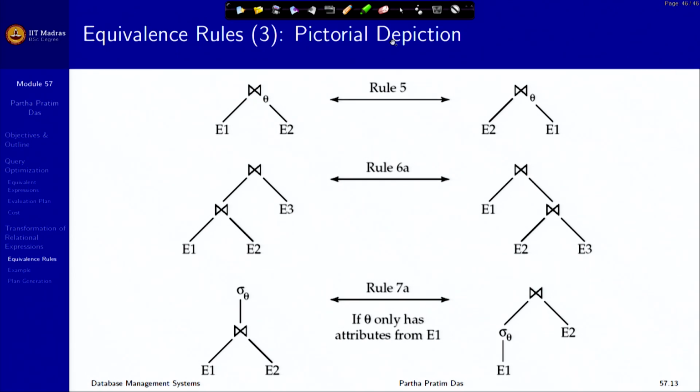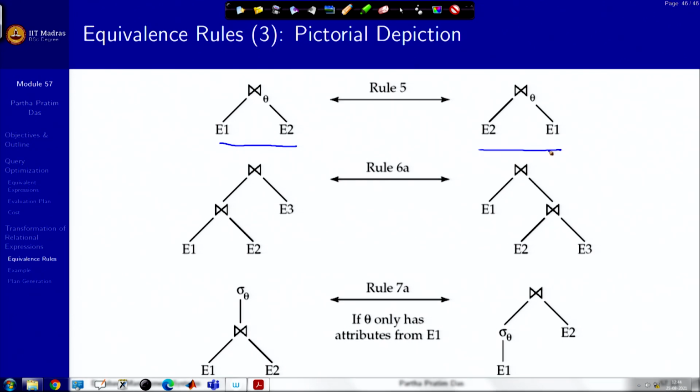Often it becomes more comprehensible if you draw them in terms of the expression tree, like the way we said the commutativity of theta join, this is associativity of natural join, and this is the last rule that we saw.